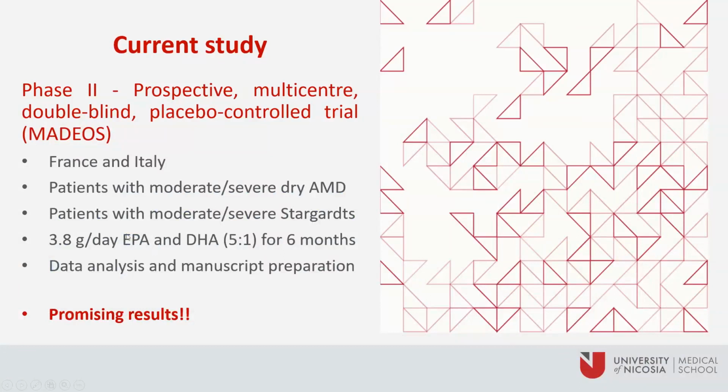We have treated the patients with mainly EPA and some DHA for 6 months, and during that period, they had visits at the ophthalmologist, and we performed different tests. And basically, we do have promising results that show that omega-3 administration can improve vision, and it can prevent further vision loss after 6 months of treatment.